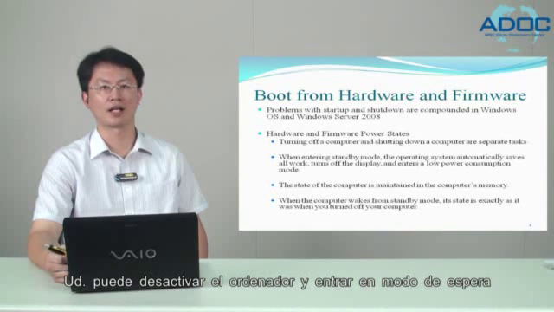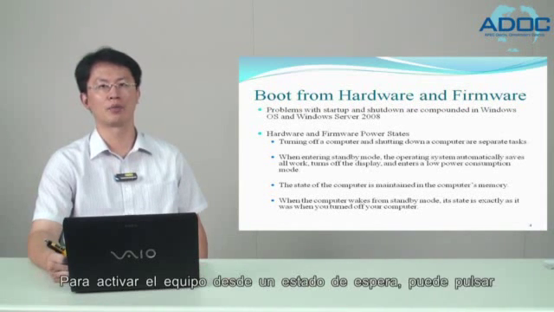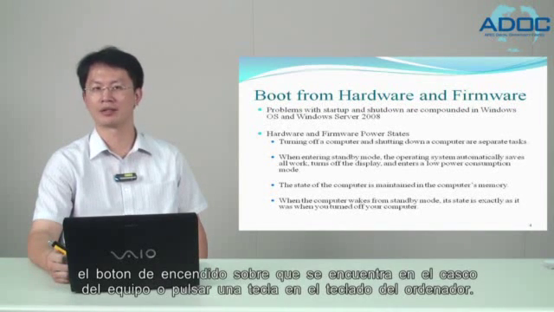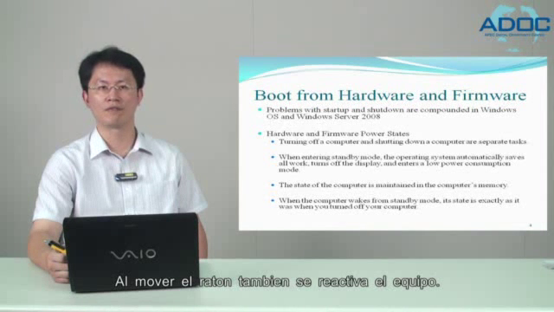You can turn off a computer's running and enter standby mode by clicking the start button and then clicking the power button. To wake the computer from the standby state, you can press the power button on the computer's case or a key on the computer's keyboard. Moving the mouse also wakes the computer.